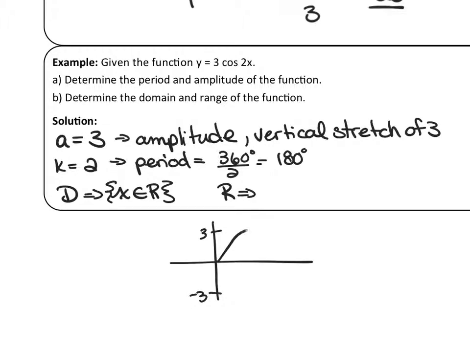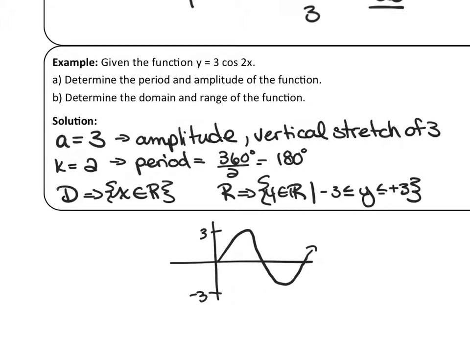So it's going to stay within those 2 values. So instead of being a max of 1 and a minimum of -1 like it was with our regular sine, this one is going to be y is in the set of real numbers such that y is between -3 and +3. So it's just going to stay between those 2 values. It always stays within the max and min of our amplitude.